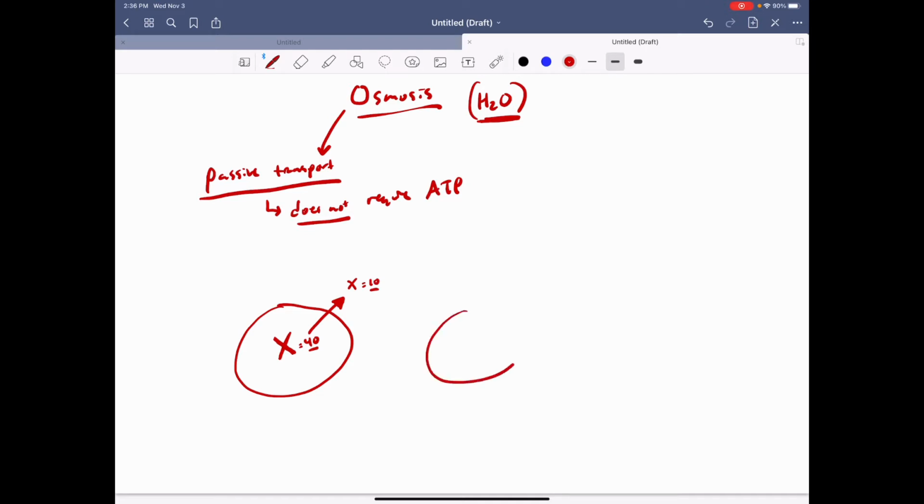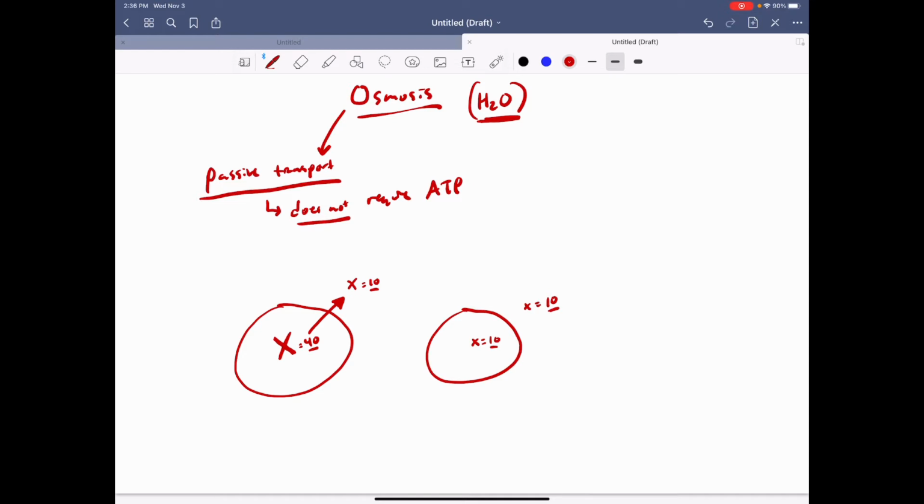So if I go over here and I draw X again here and here, and we're going to say it's 10 again, and we're going to say it's 10 inside the cell. Which way is X going to move?